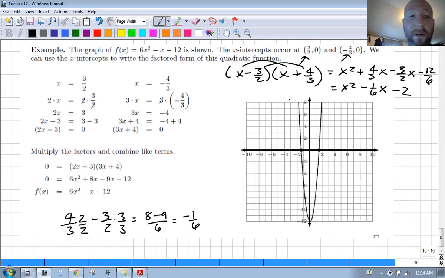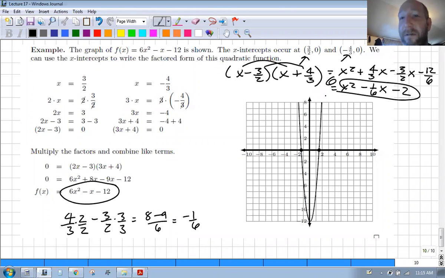All right. Compare that to this. It's not the same, right? But if I multiplied this thing by 6, I would get this over here.